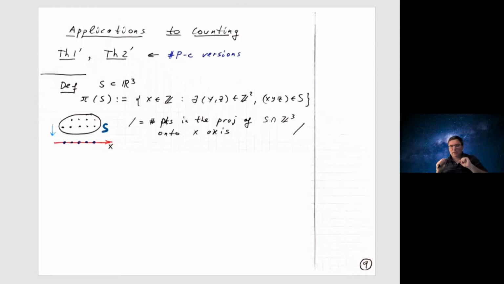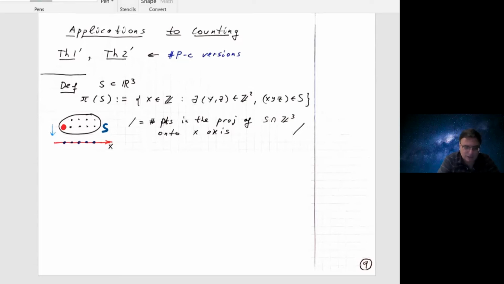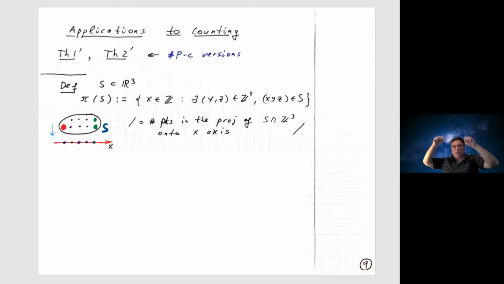Is the statement clear? Note that this is a very strange counting, because, for example, this point is counted once, and this point is counted once, even though in the fiber one has one point in the pre-image and one has 2 points. You see what I mean? So this has nothing to do with the number of integer points inside S. This is really a different kind of counting.